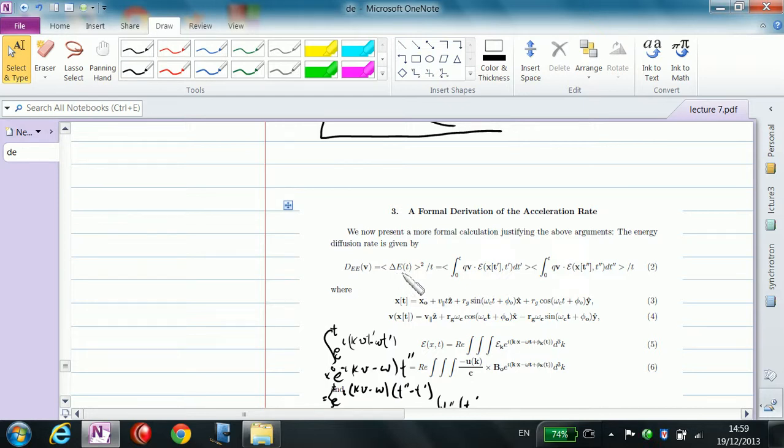E is energy, but when you write E, you'll be meaning the electric field, and you'll get something proportional to the delta function. I want you to go through the whole thing again.